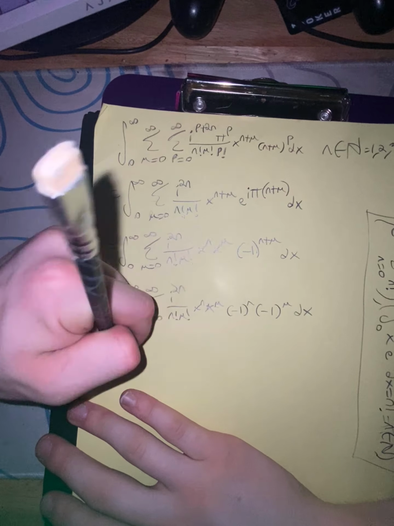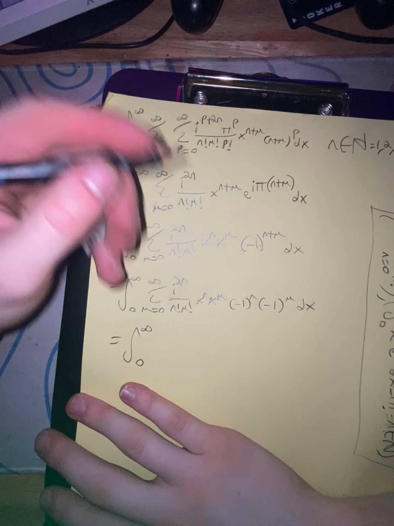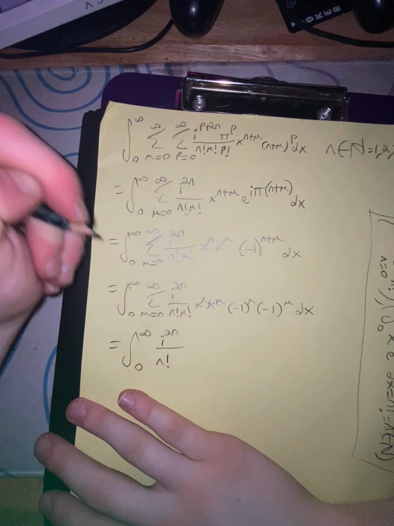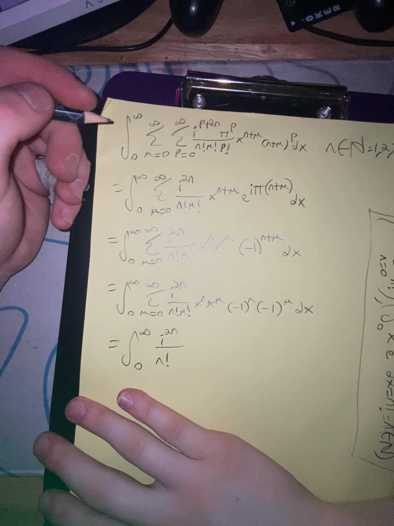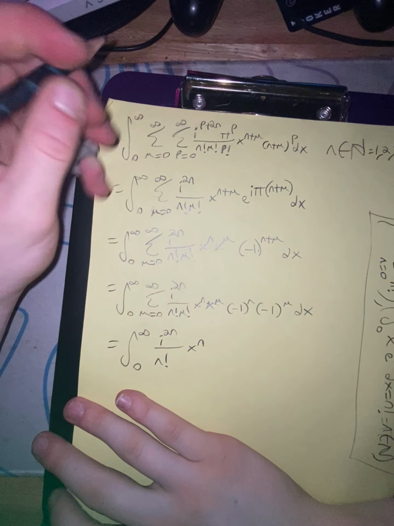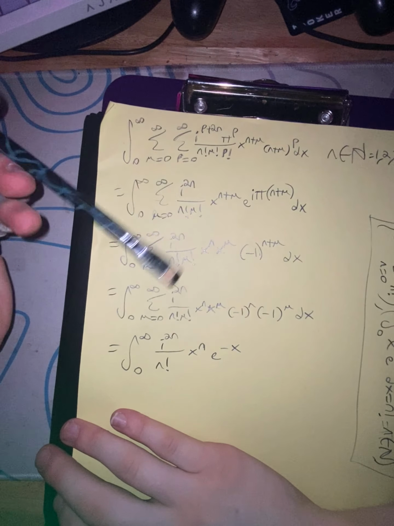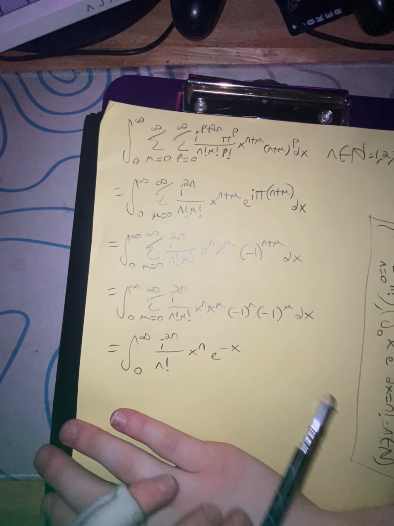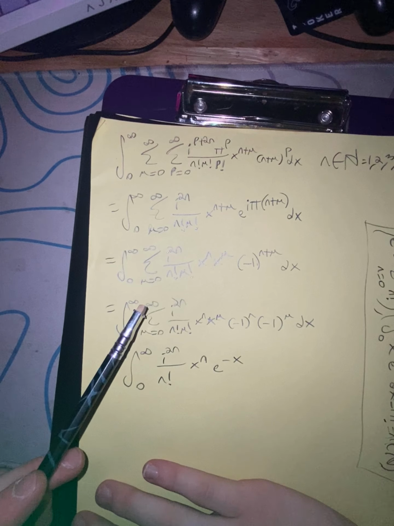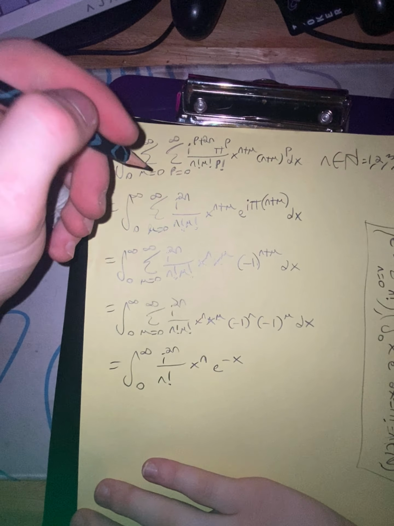And so that simplifies our integral even more, because now we have i to the 2n over n factorial times x to the n, and then times e to the -x, because -1 times x is -x. And we have an m factorial on the bottom and an infinite sum over m over here.